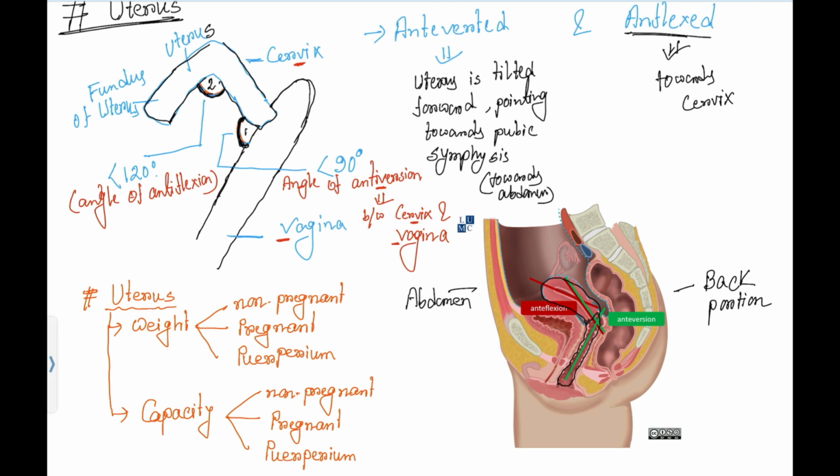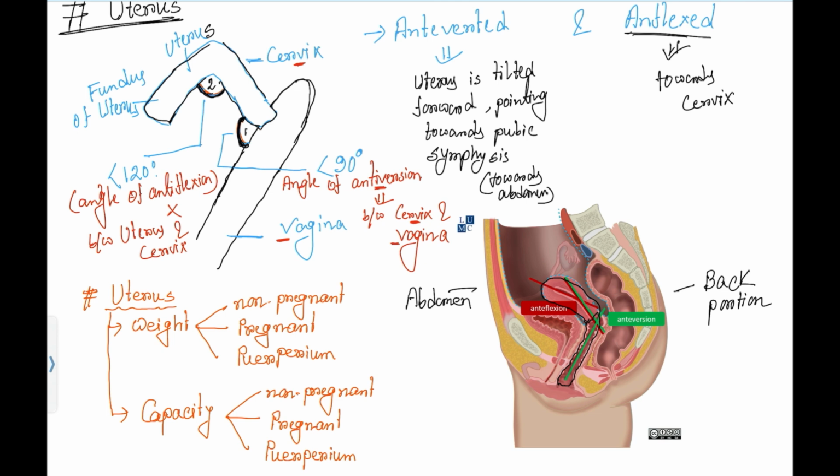In case of anteflexion, there is no V, and in uterus also there is no V. So the trick is: anteversion has a V, and between cervix and vagina there is the letter V. So anteversion means between cervix and vagina, and anteflexion means between uterus and cervix.